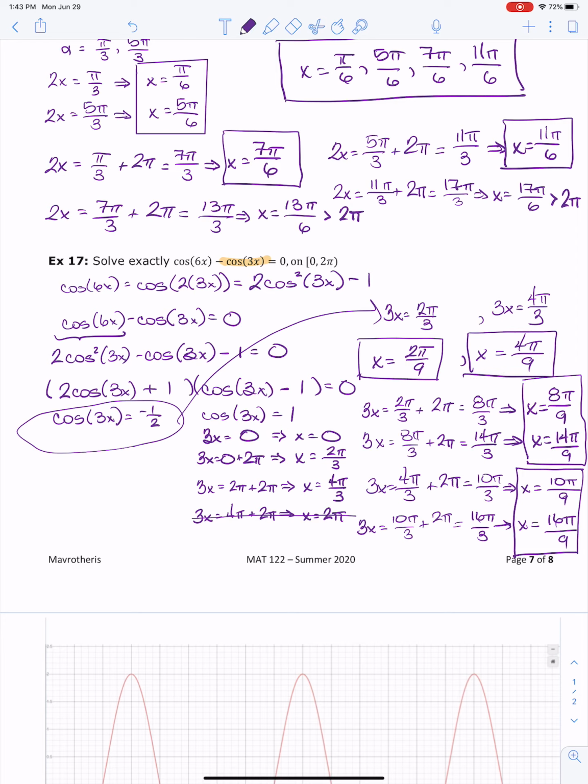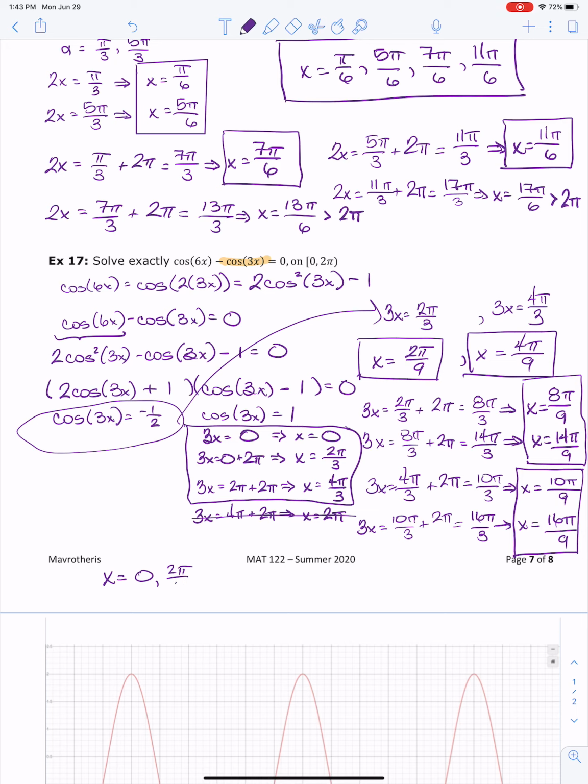And so let's see what we got here. Box is too big. So I've got x equals, I can put them in numerical order. 0. I got 2 pi over 9. Yeah, you know what? I don't think that's hard.